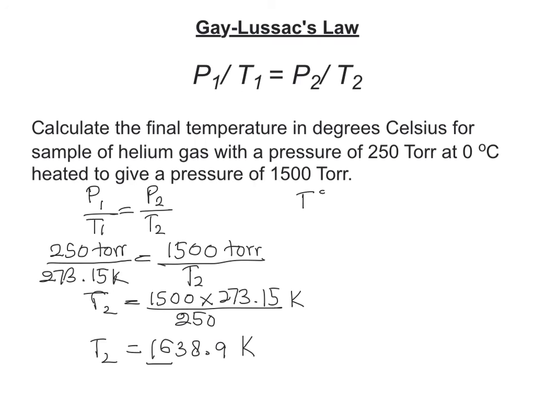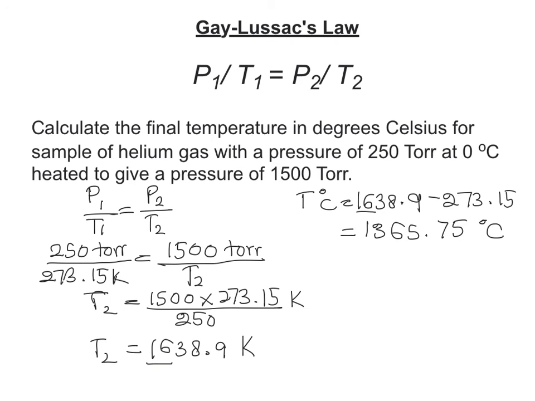So temperature in Celsius would be 1638.9 minus 273.15, and that would be 1365.75 degrees Celsius.